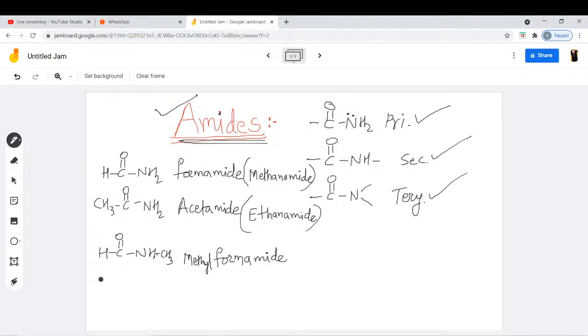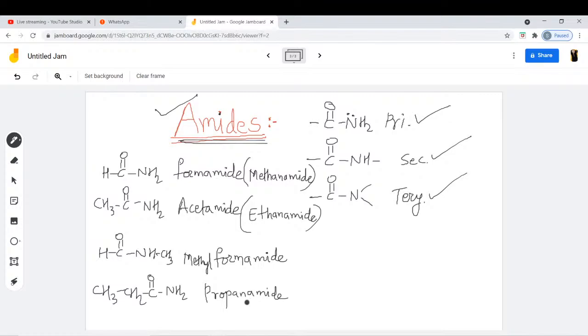One more thing, propanamide: CH3 CH2 C double bond O, and here NH2, propanamide.